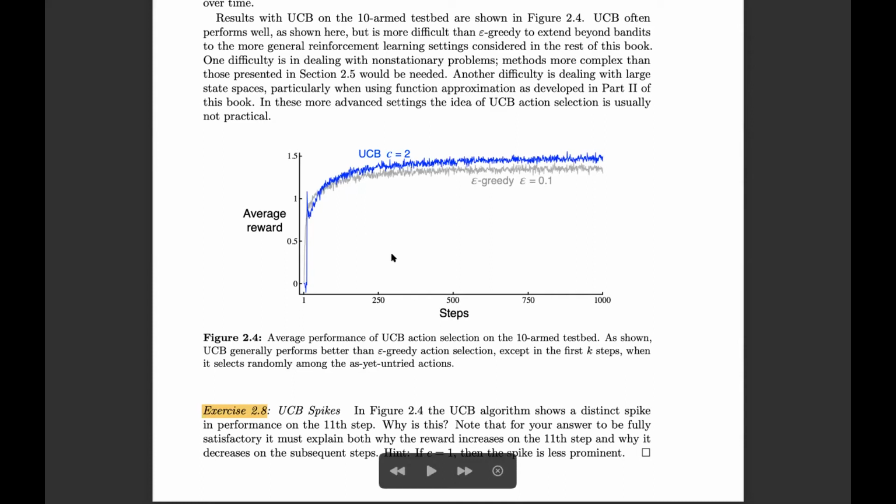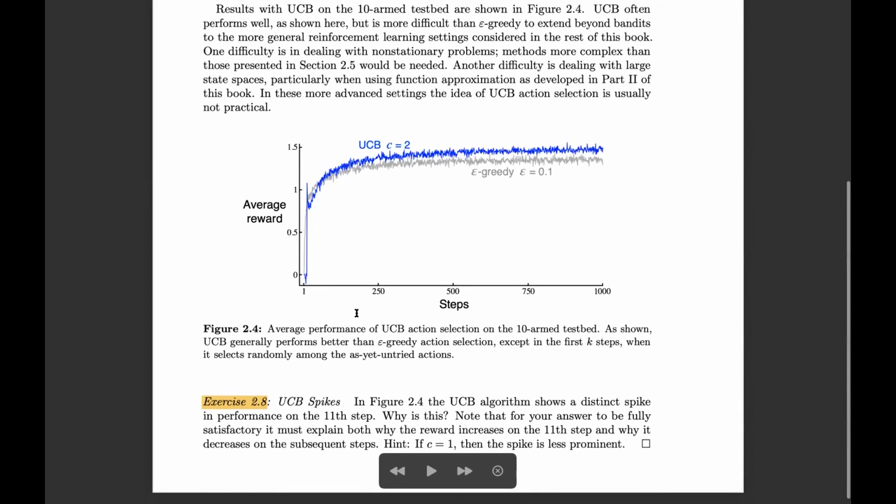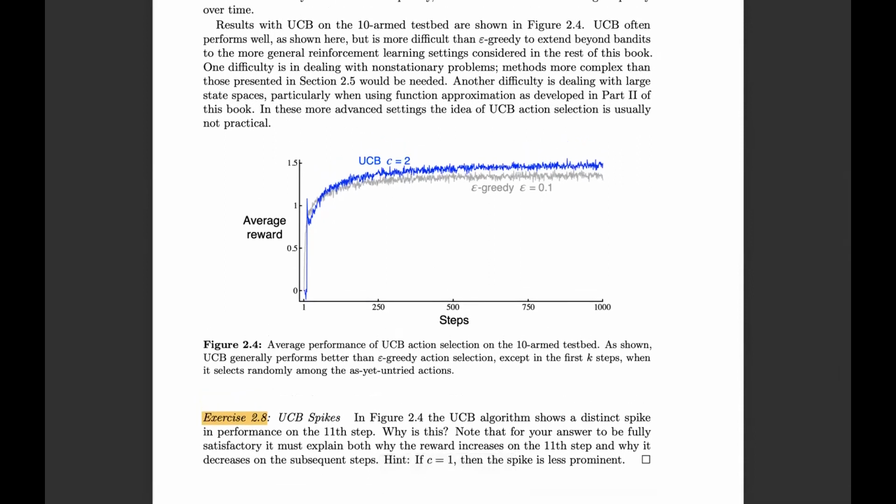So here's where I couldn't give a proper explanation for why the reward increases at the 11th step. This is one exercise which the author has given the readers to solve. And it's because of the argmax, and it's an optimal policy.